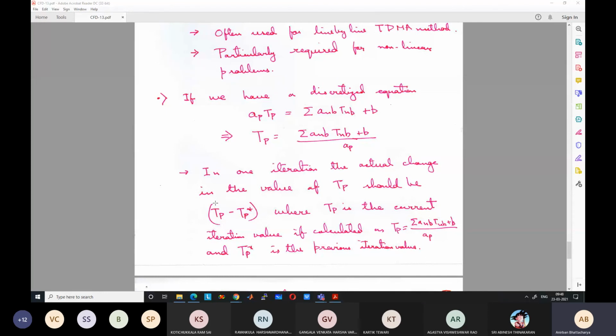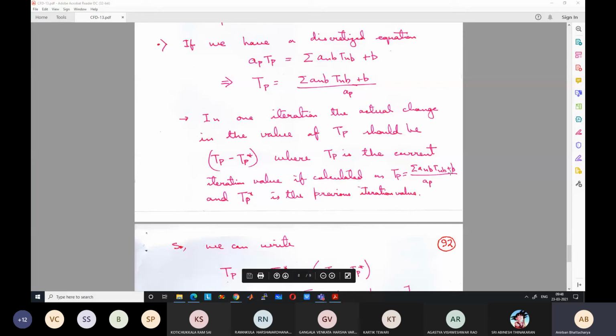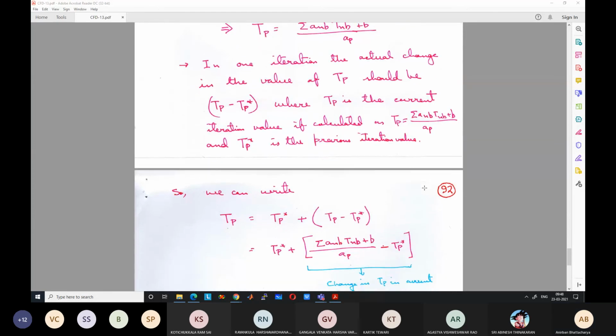We can write TP as TP star plus TP minus TP star: the previous value plus the change occurring in the iteration. This should give us the new value.